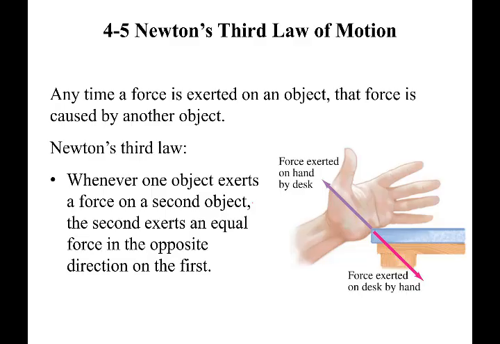So then lastly for today, we'll talk about Newton's third law. Any time a force is exerted on an object, that force is caused by another object. So for example, if you stomp your feet on the ground, you are exerting force on the ground, but the ground is also exerting force in return. So that's why you do not crush your foot all the way in, because there is a balancing force in the opposite direction.